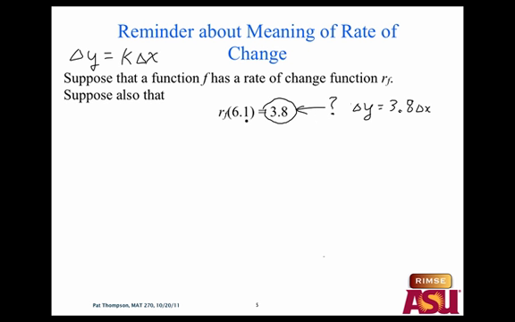But for our purposes here, we can just say close to 6.1, we can estimate that any change in y would be 3.8 times the change in x. Or in other words, y is changing 3.8 times as fast as x in the vicinity of 6.1.